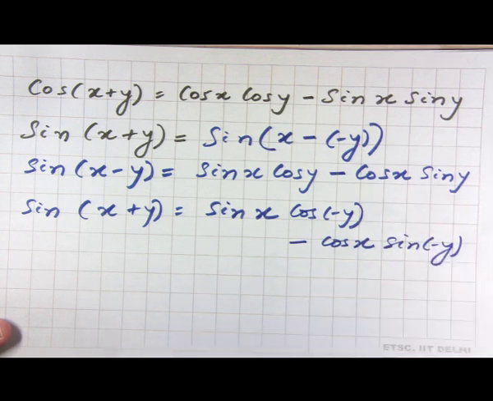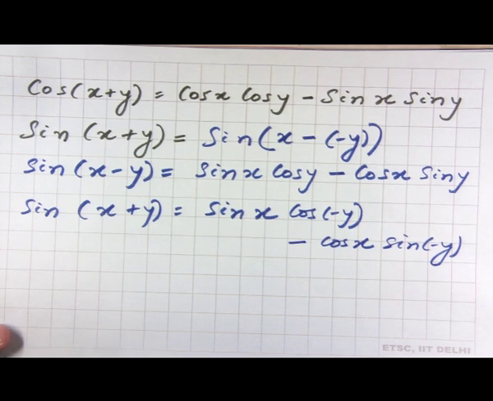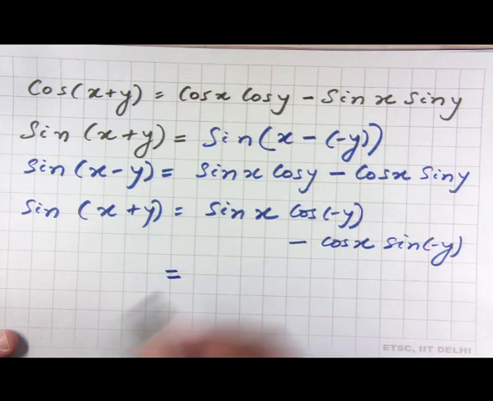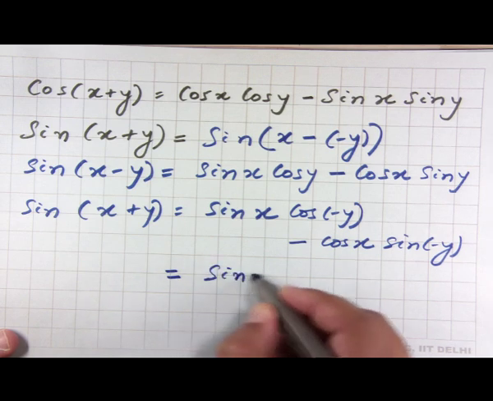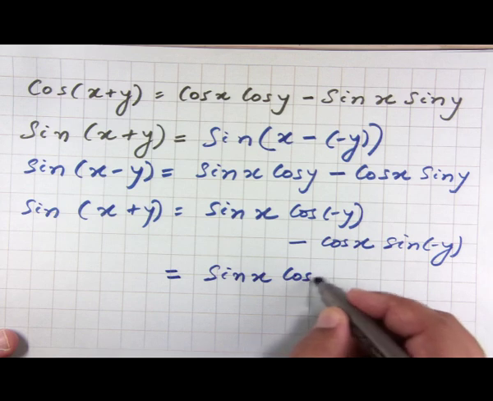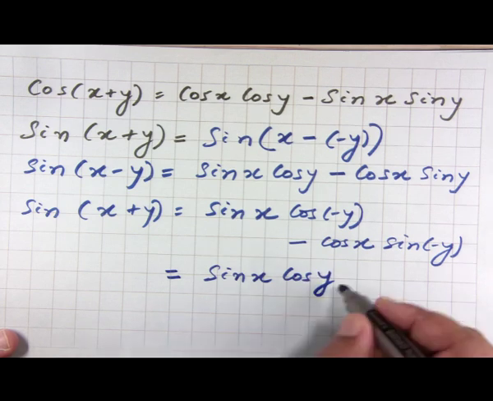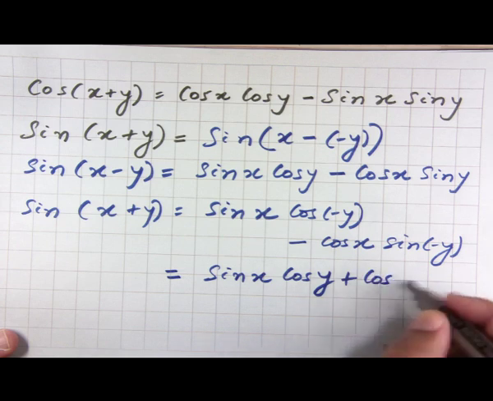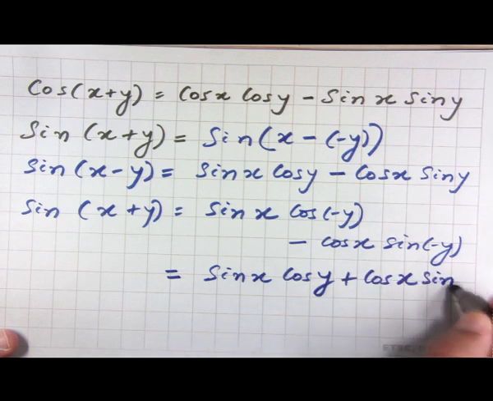Now, we know that cosine is an even function and sine is an odd function. Therefore, cosine of minus y is cos y and sine of minus y is minus sin y. So, using these two facts, we further get that sin of x plus y is finally equal to sin x cos y plus cos x sin y.